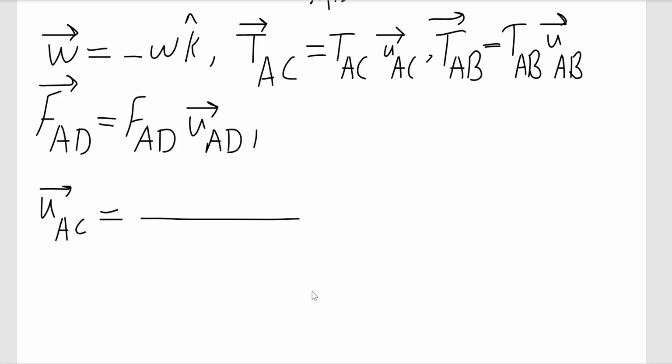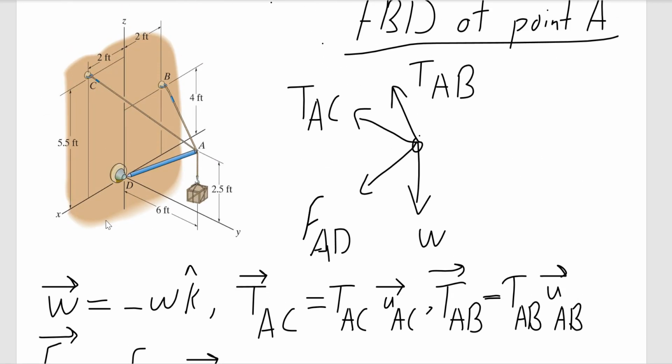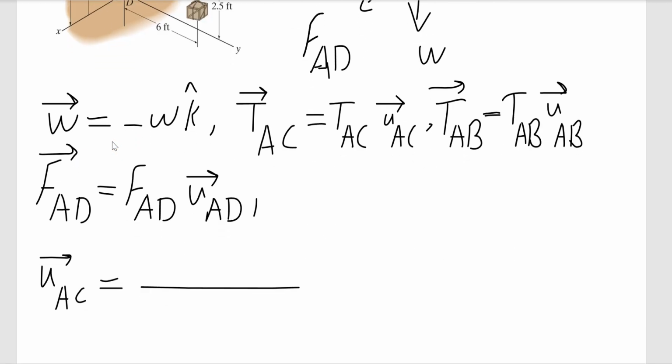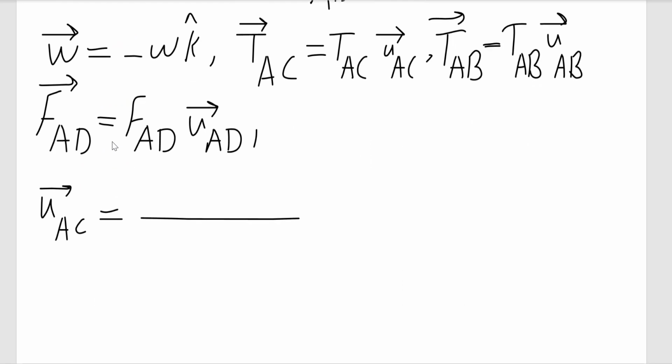For unit vector AC, we are moving from point A to point C. From A to C, we are going 2 feet in the positive X direction, -6 feet in the negative J direction, and also +3 in the Z direction. Here is 2.5, this one 5.5, so +3. So that's the position vector, and divided by its magnitude, that would be our unit vector.